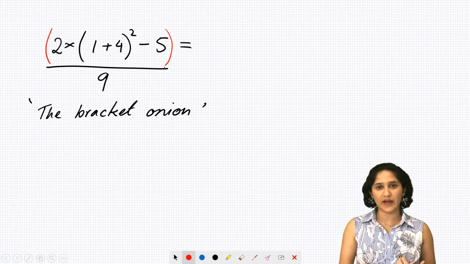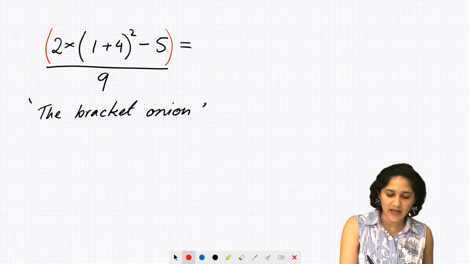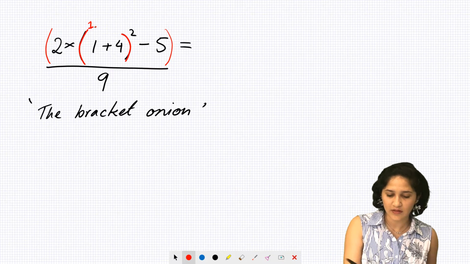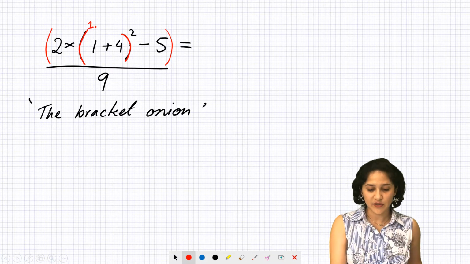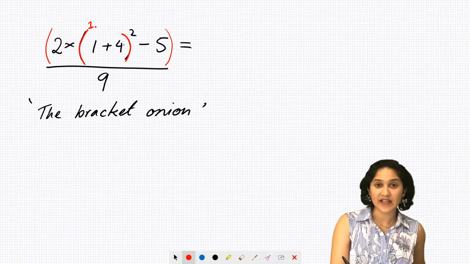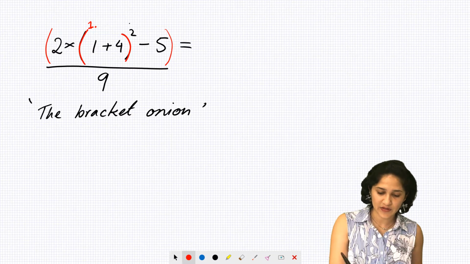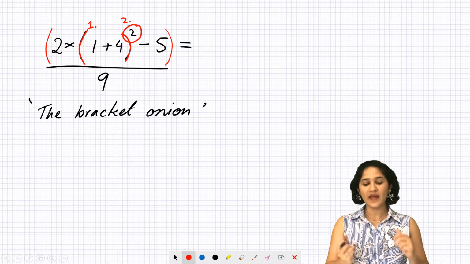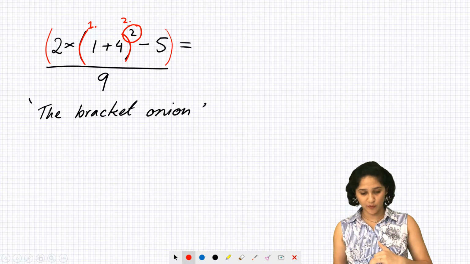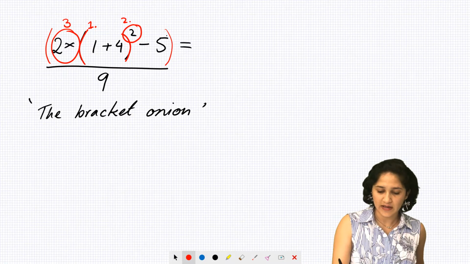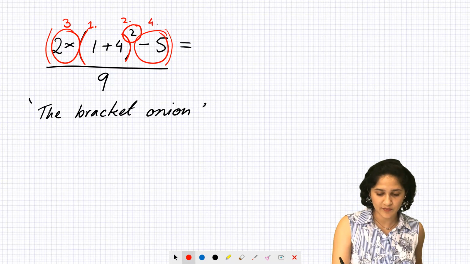The order that I'm going to evaluate these things in is these brackets first, so I do the addition that's inside the brackets. Then the index, BI, so this squared comes second. Then multiplication comes before subtraction, so I do this third, and then this fourth.